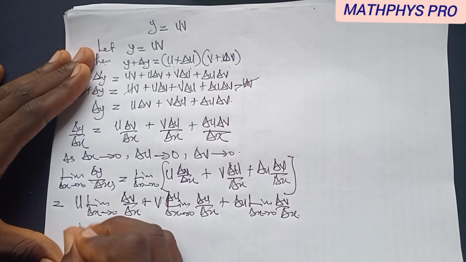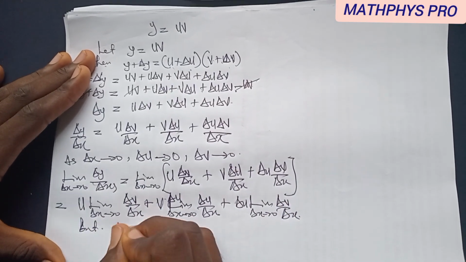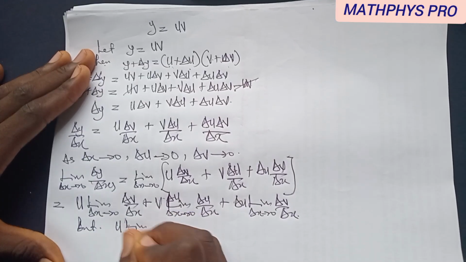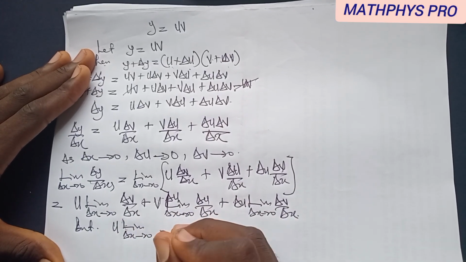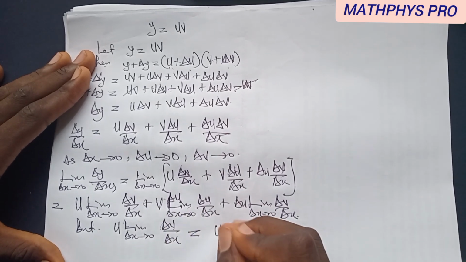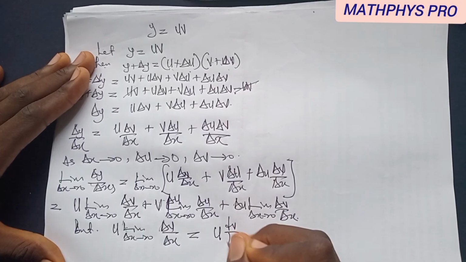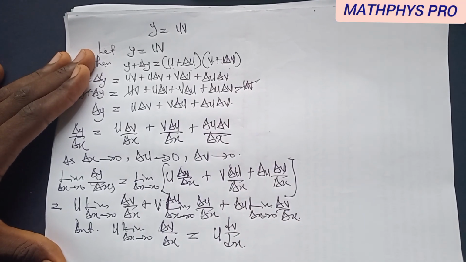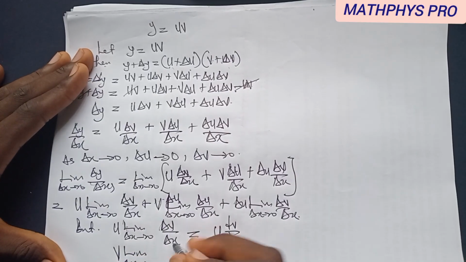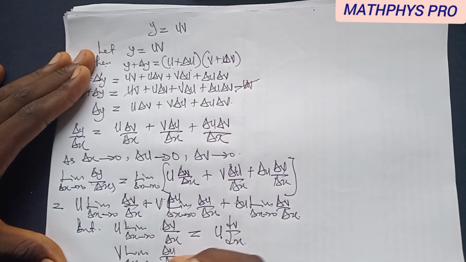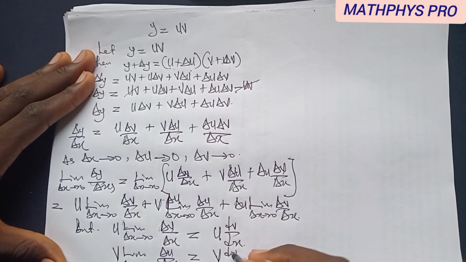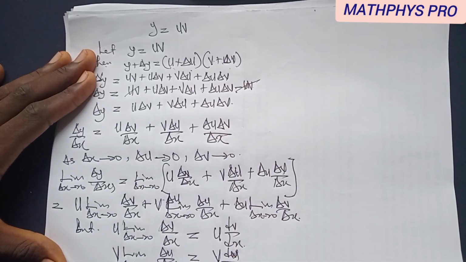Now, u times the limit when change in x tends to 0 of change in v over change in x can also be written as u dv over dx. Also, v times the limit of change in u over change in x can also be written as v du over dx.